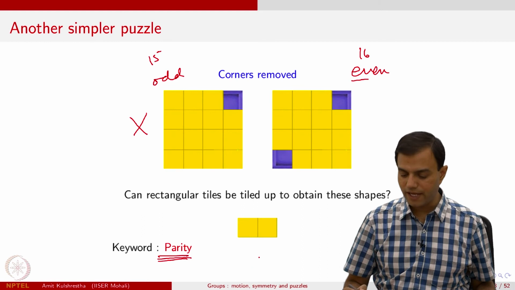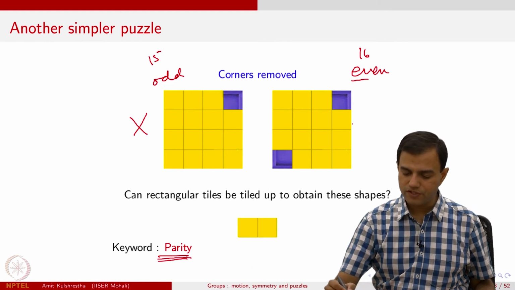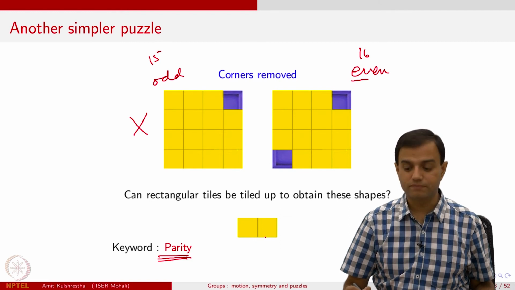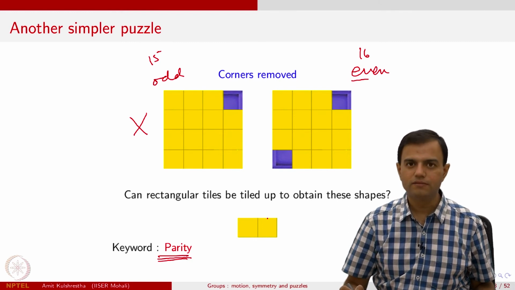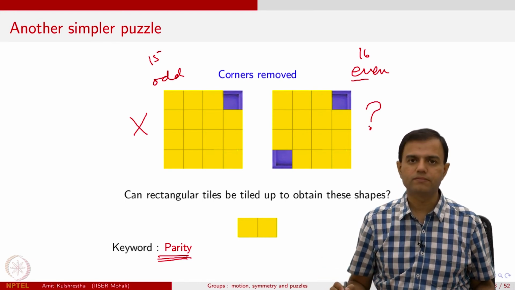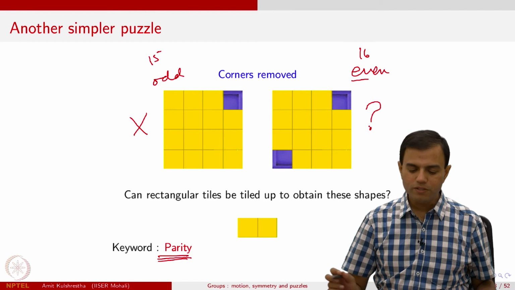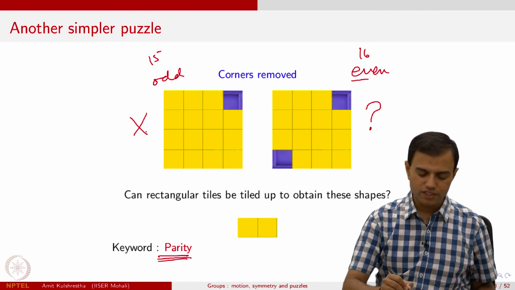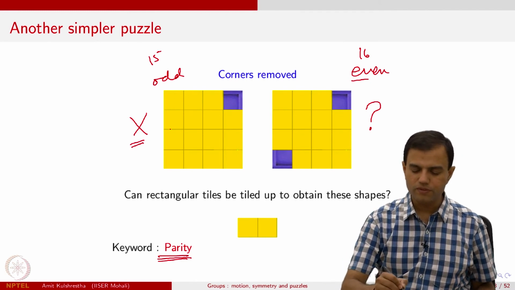Does it always mean that if the number of tiles here is an even number, you can always tile it in this fashion? Well, no, not here. I'll put a question. But using parity, we could at least cross out this possibility, right?